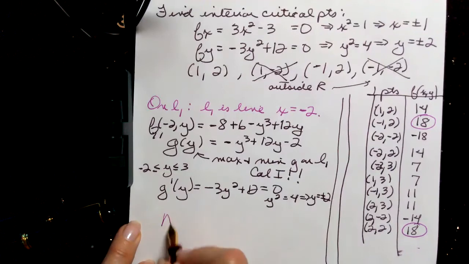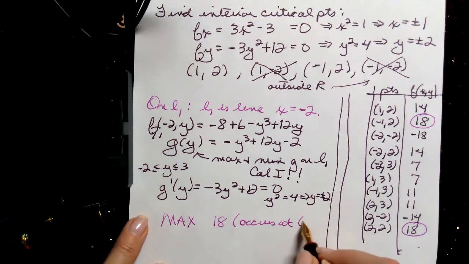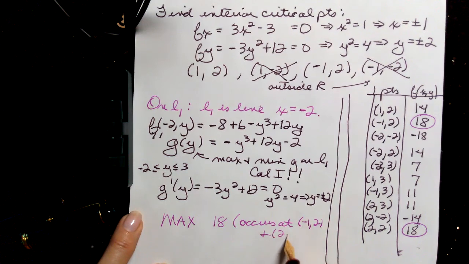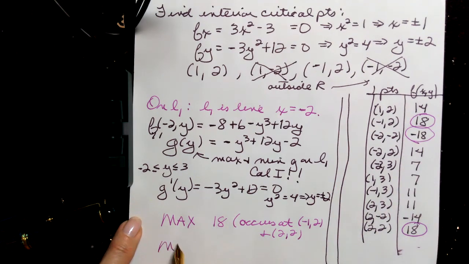So the max of the function is 18, and it occurs at minus 1, 2, and at 2, 2. And the smallest value you see is minus 18. The min is minus 18, and that occurs only at the point minus 2, minus 2.